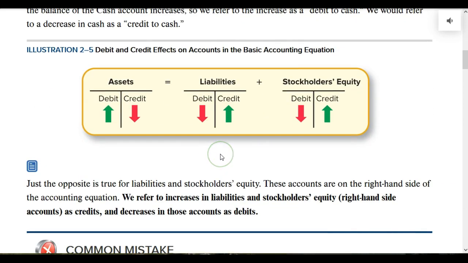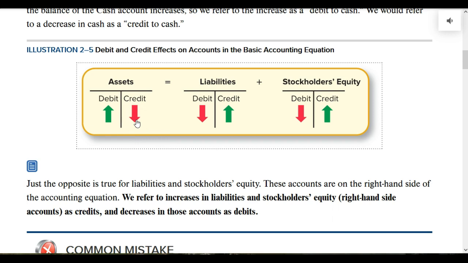Now, debit. The one thing you say about debits is that debit always means the left side of an account, and the credit, on the other hand, means the right side of an account. Now, that sounds easy at first, but then the rules you have to remember will be that on the assets, a debit to an asset account means you're going to increase that account. A credit to an asset account means you're going to decrease that account.